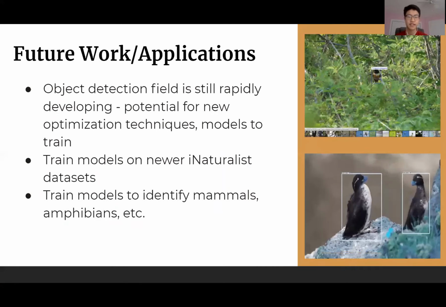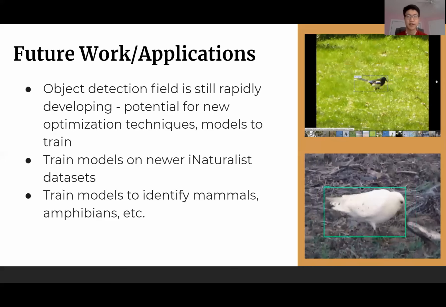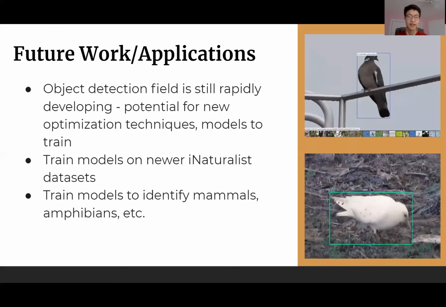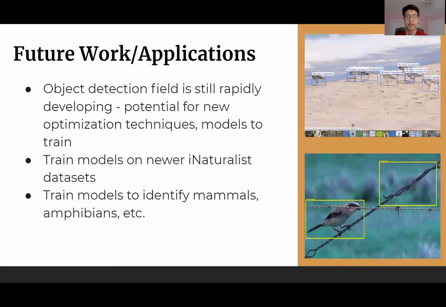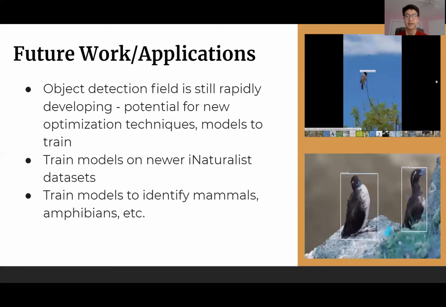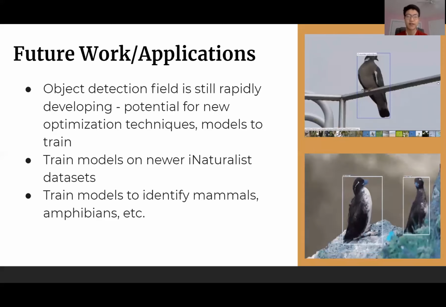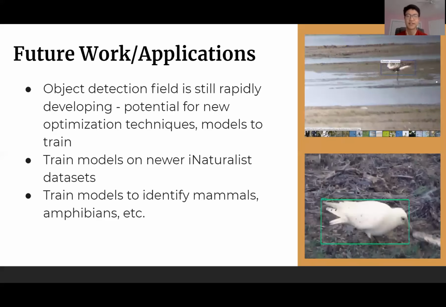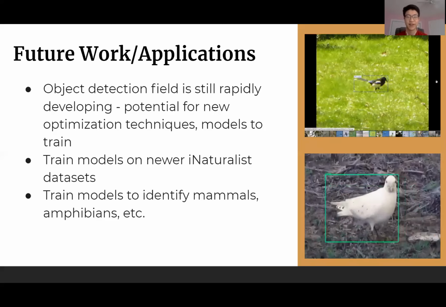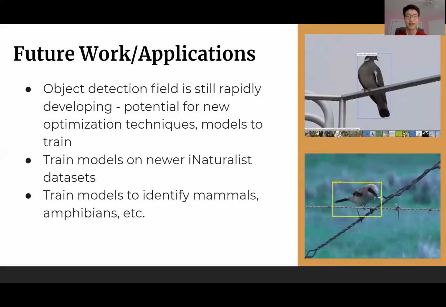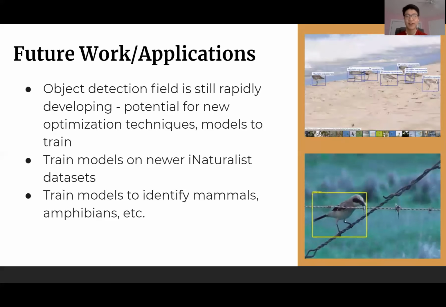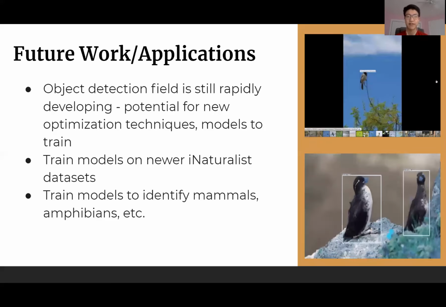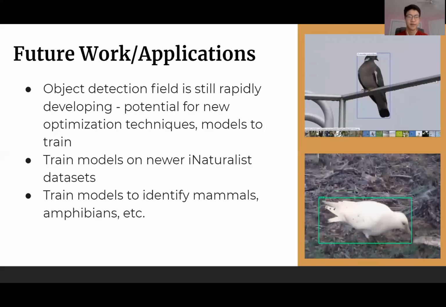In addition, these models can be trained on different types of data sets, ranging from different kinds of animals to different data sets of the same type of species. And I think overall, object detection is a very promising field that is making waves in different areas like traffic and self-driving cars.